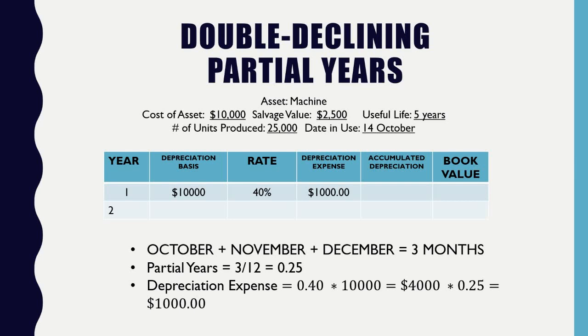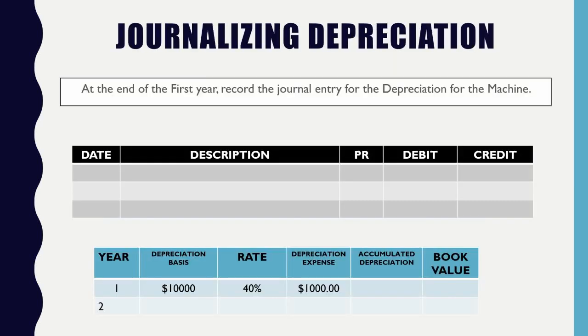You have to treat it like it's 3 months, and adjust your number accordingly. Of course, when you journalize it, it's the same journal entry, depreciation expense and accumulated depreciation, but this time it's only for $1,000.